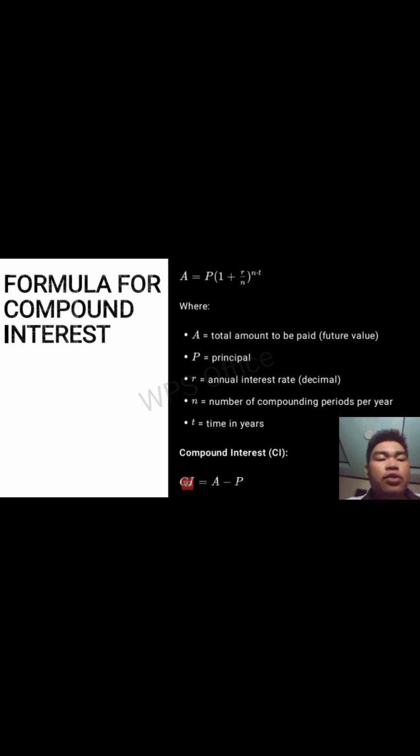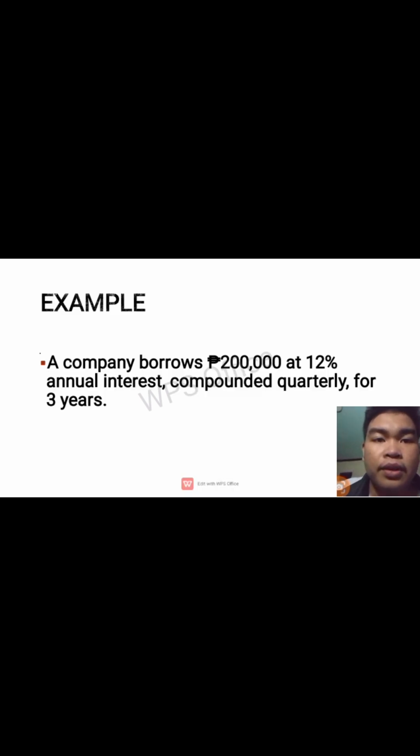And to find the compound interest, we must simply subtract A by P, or subtract the total amount by the principal, or transform the solution to what we are given. And that gives us 200,000 times 1 plus 0.12 over 4 to the power of 4 times 3.